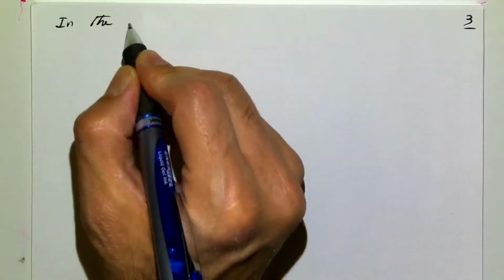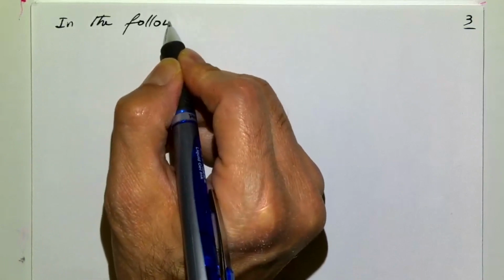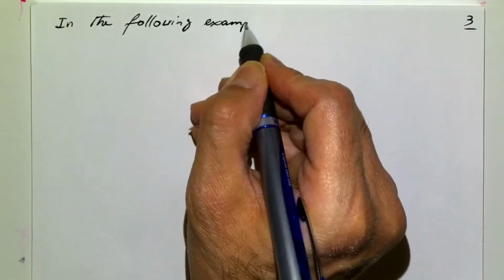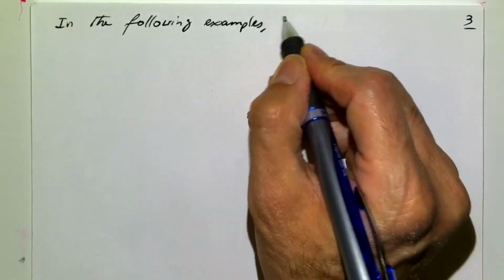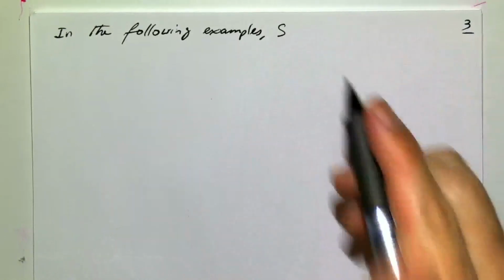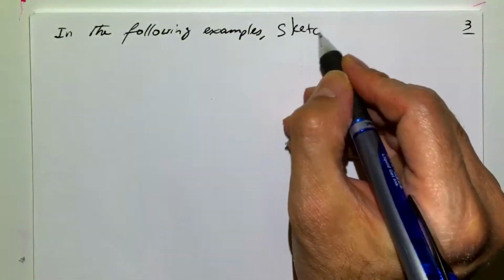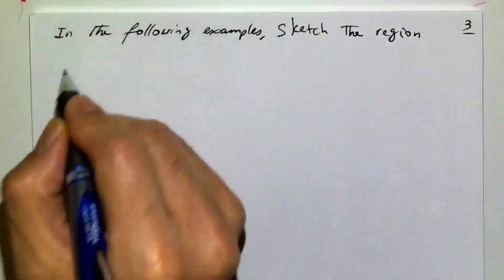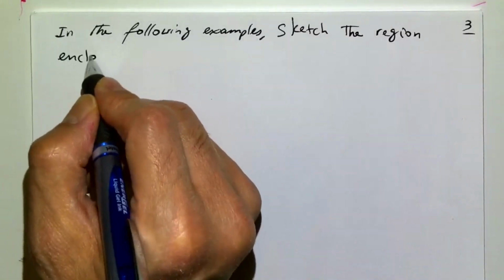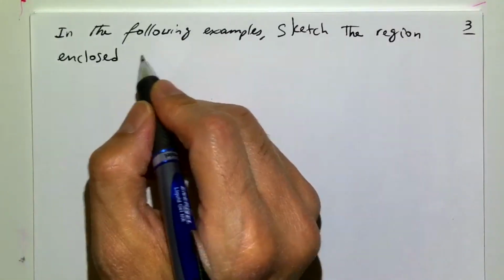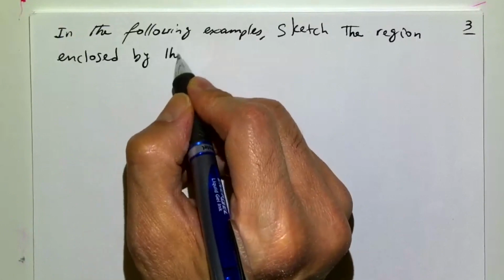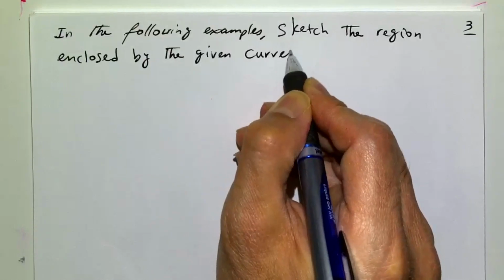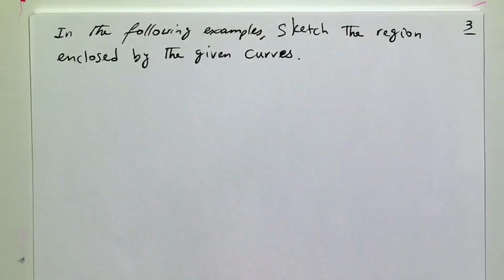So in the following examples that are coming up, first we want to sketch the region enclosed by the given curves.